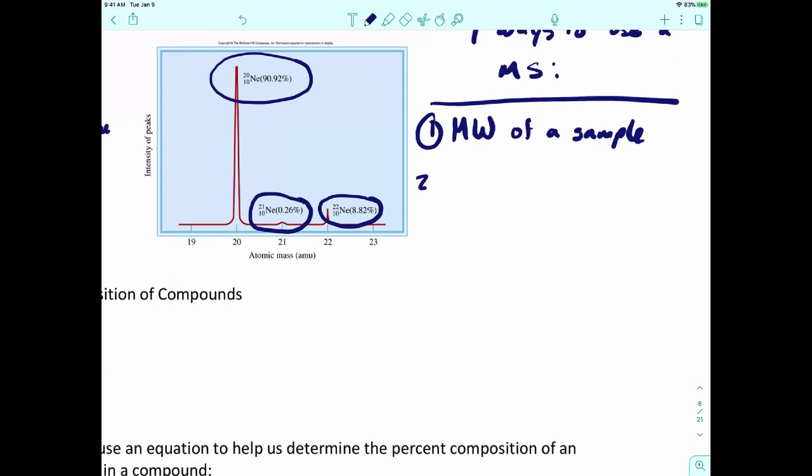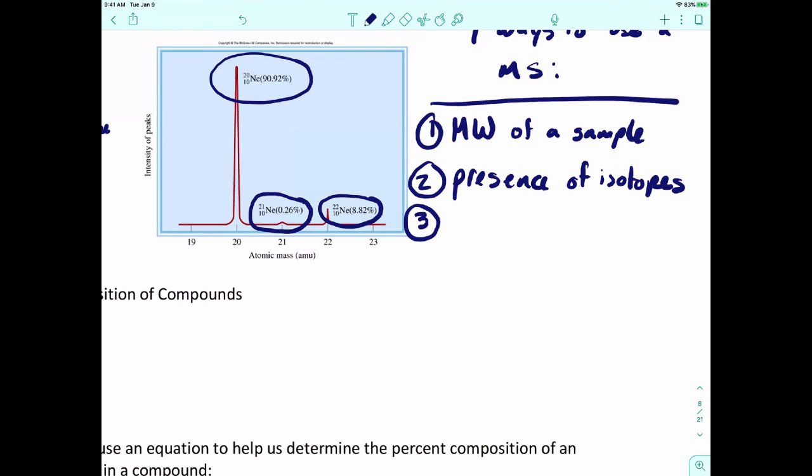The second way, also what we're doing here, is talking about the presence of isotopes. The third way: if you go forward in chemistry and take organic chemistry, you'll spend a lot of time talking about mass spectrometry and how this is used.